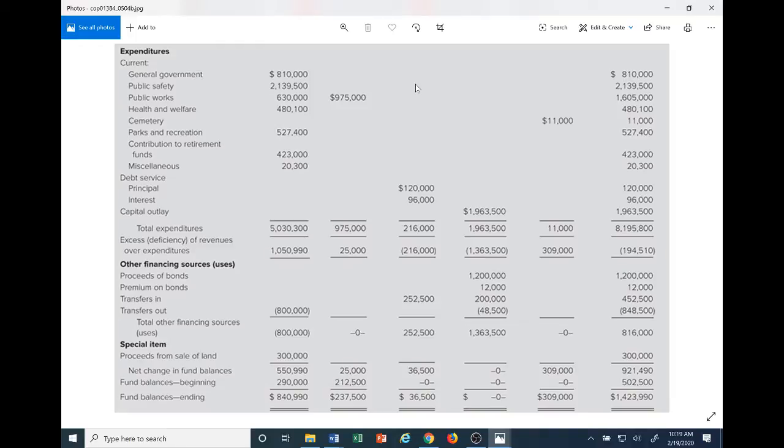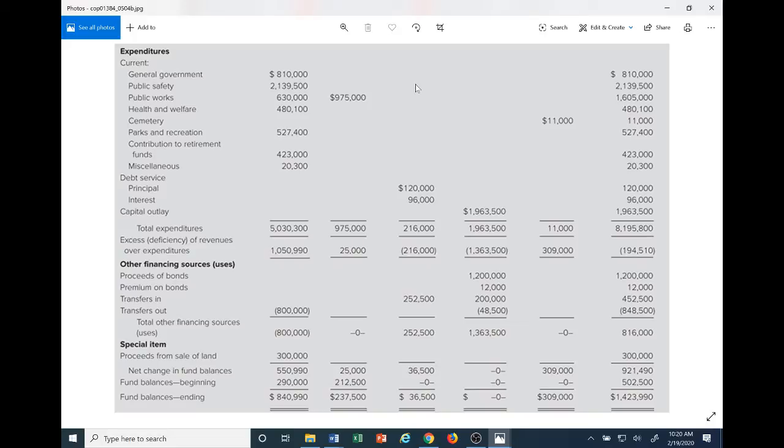Or you can find your operating income, like gross profit and stuff like that, so you can have a detailed breakdown. Here, they're bunching the revenues and expenditures together, but they still want to tell you whether you are in an excess or deficiency over revenues and expenditures. They want to give you a clean break to see where we're at this point of the statement. So just be familiar with it.